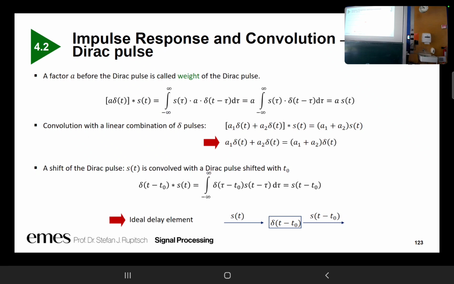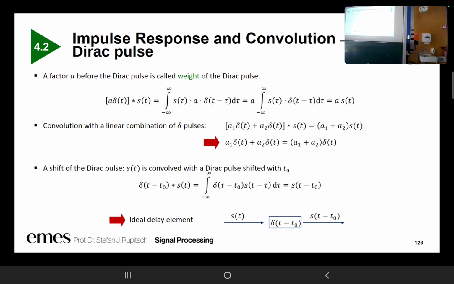In signal processing, we call it Dirac function, but it's not a function because it does not fulfill several properties which are important for a function. The derivative exists in the distributional sense. It's very complicated.